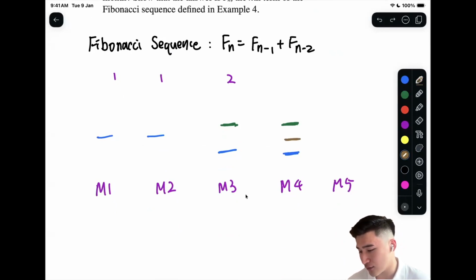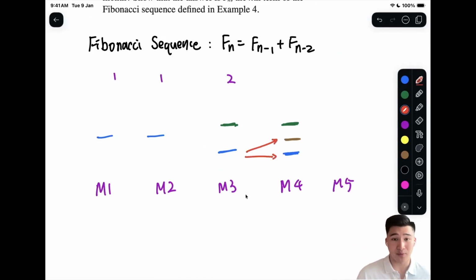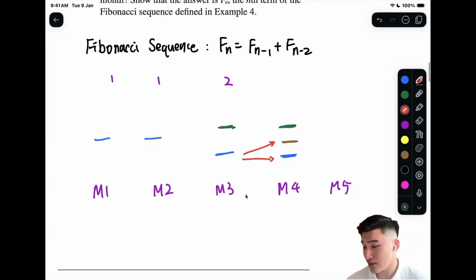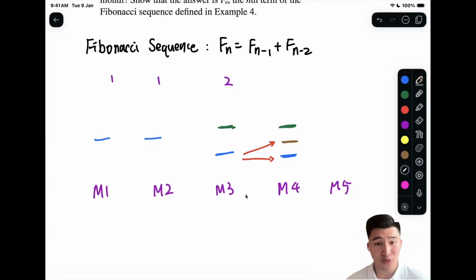Just to make it more obvious, these two come from the blue pair. So now, in total, we have 3 pairs in month 4.